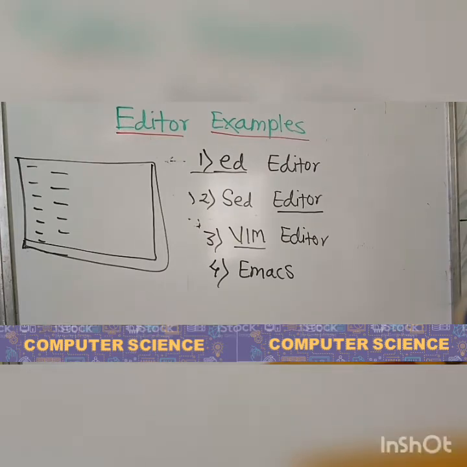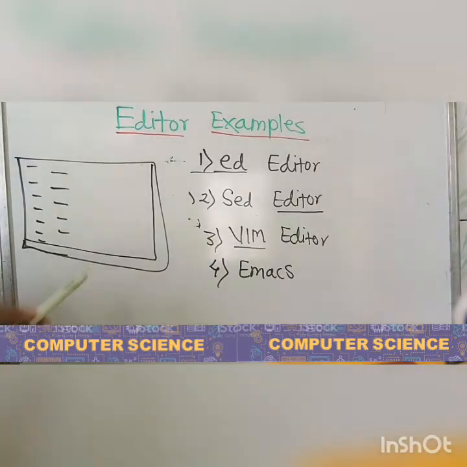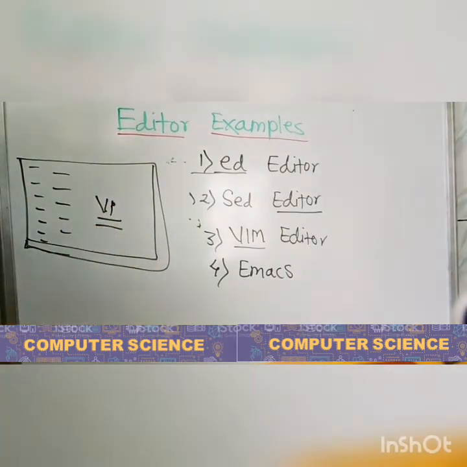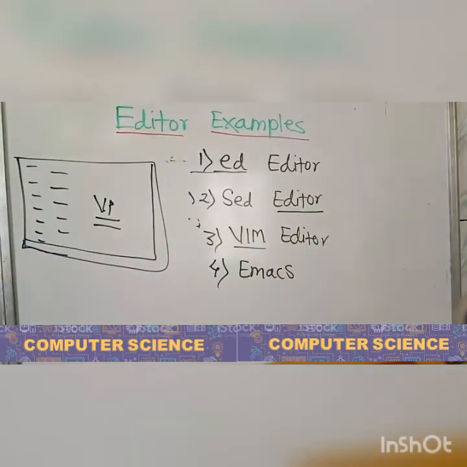Means the GNU Project was using VI as an editor for their project. The new improvement in the original VI editor was renamed as VIM, means the previous name was the VI editor and the new improvement is nothing but the VIM editor.